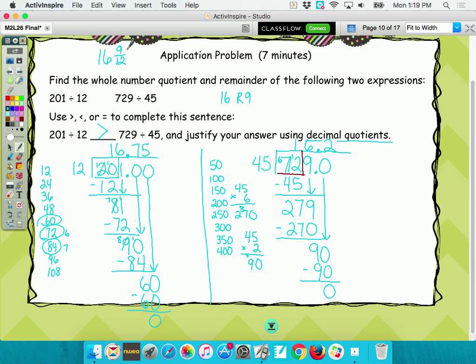But if I divide both of these by 3, it will be 3/4. So 16 and 3/4, okay? This one would have been 16 and 9/45.